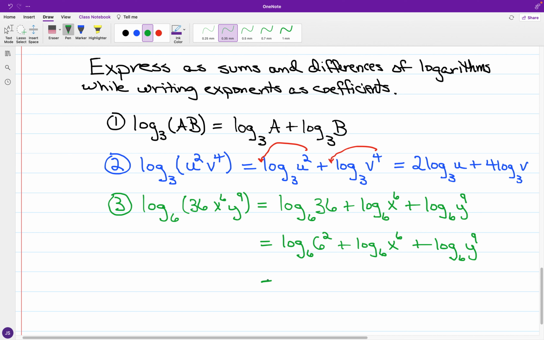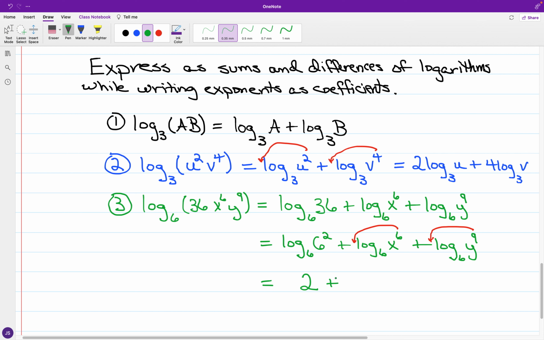All right, so we have the base 6 logarithm of 6 squared. We have a match between the exponential and logarithmic bases, so the base 6 logarithm of 6 squared will go to 2. For x to the 6th, I can write 6 from the power as a coefficient, and for y to the 9th, I can move 9 to the front.